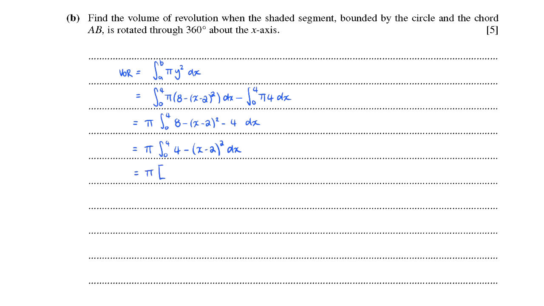And our integration is 4 came from 4x. The brackets for the chain rule would stay the same, so it's going to be (x minus 2), but raised to the power of 3 now. If you differentiate what's inside the brackets, x minus 2 would put a 1 out the front, so that doesn't do anything. And the 3 that would come down, we need to get rid of, so we need to put a third out the front. And we're going from 0 to 4.